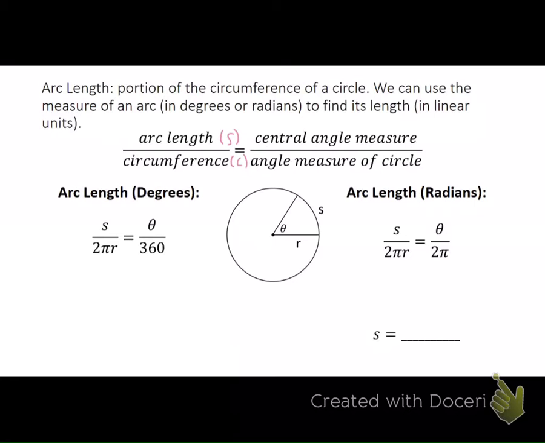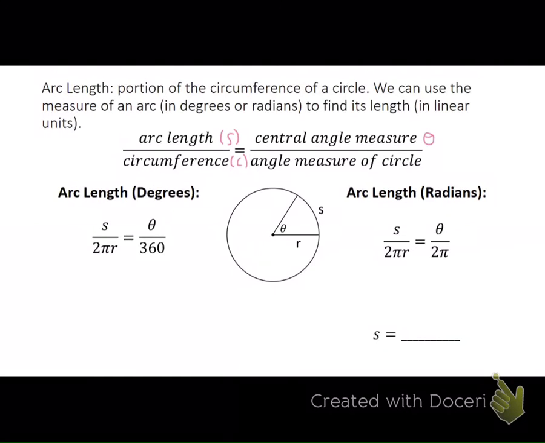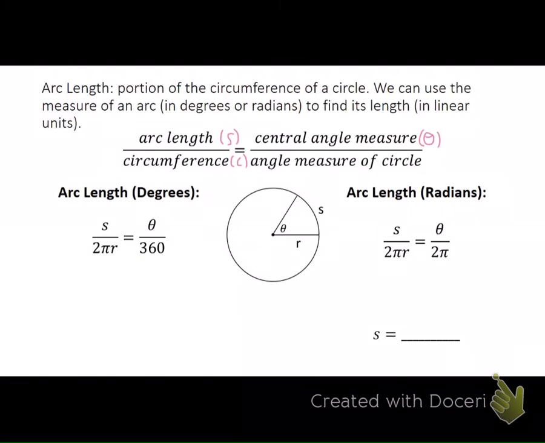Part over whole, do you see that? That gives you kind of the percentage of the circle that you're dealing with. And it is equal to the central angle, theta, over the angle measure of the circle. So that's either going to be 360 or 2 pi. So we're basically looking at two different ratios here.